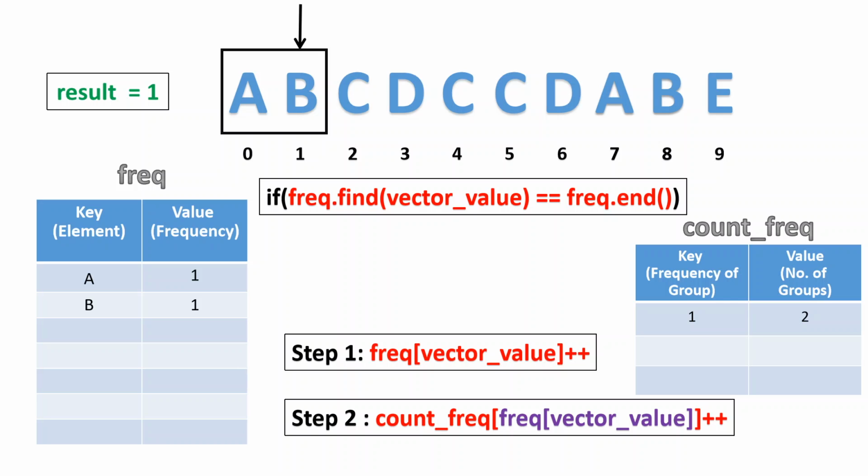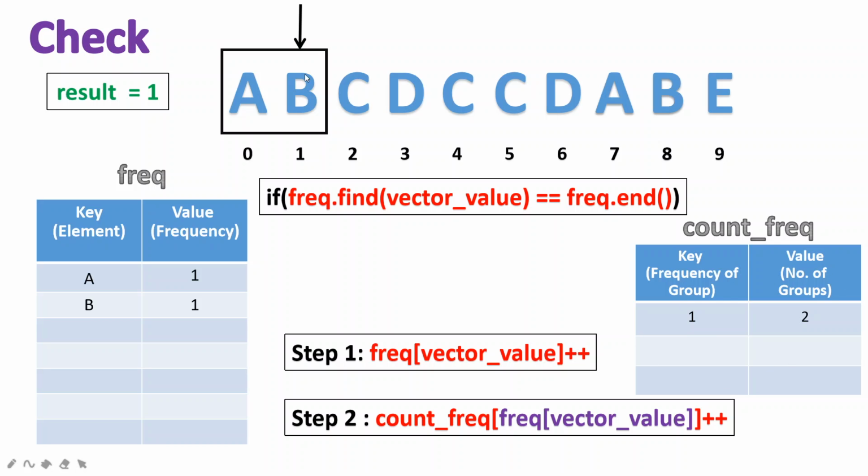So what we do is we basically have that key, and that value went in as a key and the corresponding frequency was updated. So the next step would be to check now.